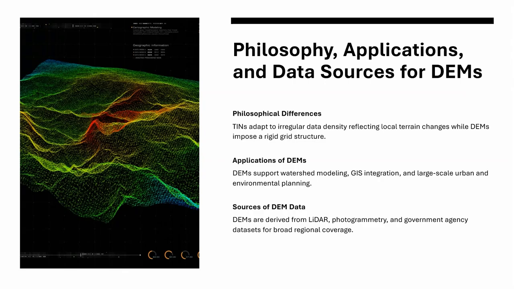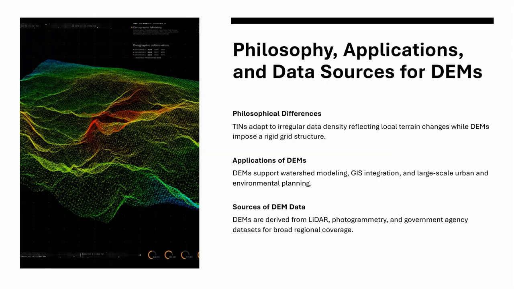In photogrammetry, we have aerial photos, which when processed with stereoscopic techniques, can yield elevation grids spanning entire nations. And government agencies, like the United States Geological Survey, provide DEMs freely for so much of our country, and these are widely used in large-scale engineering and environmental projects.